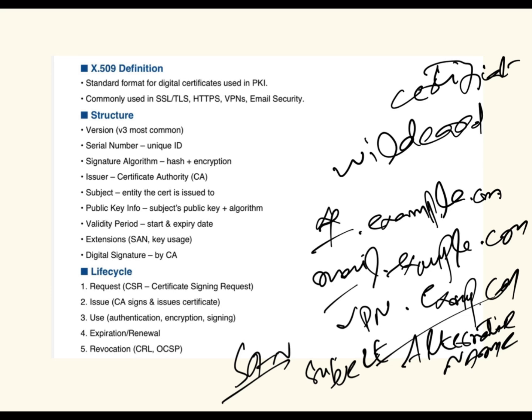S/MIME: email security. So root builds trust, intermediate links trust, wildcard spreads trust, SAN shares trust, self-signed fakes trust.